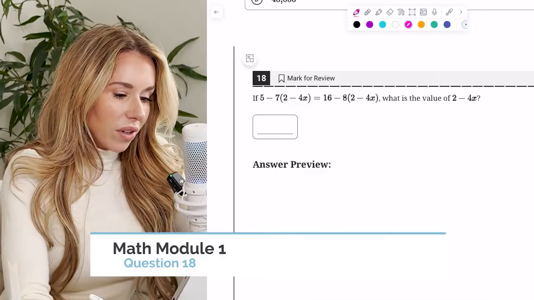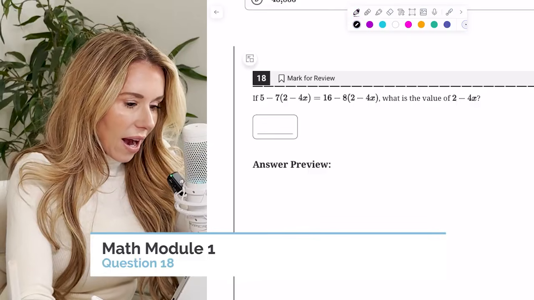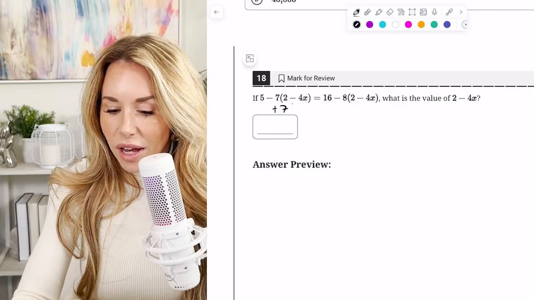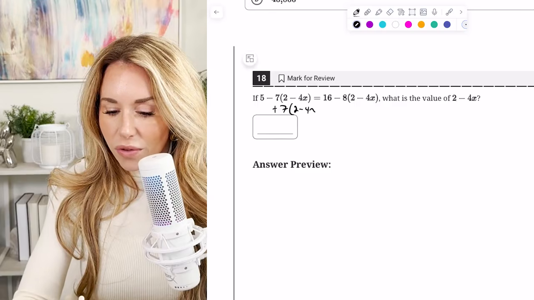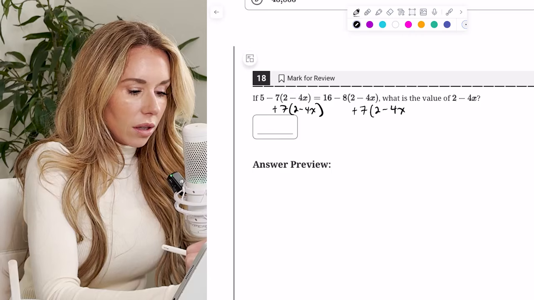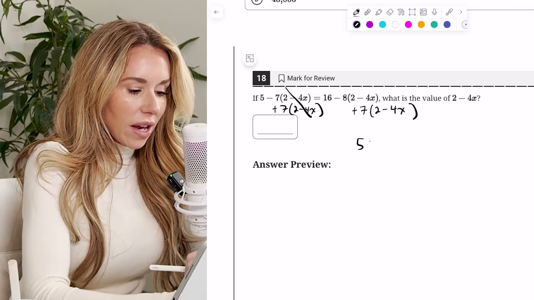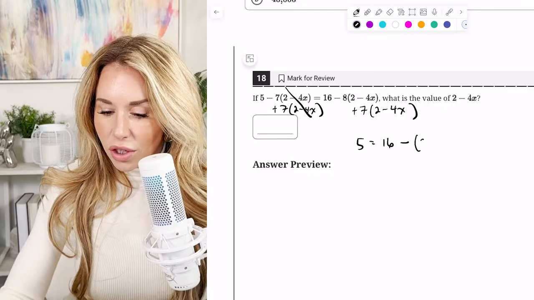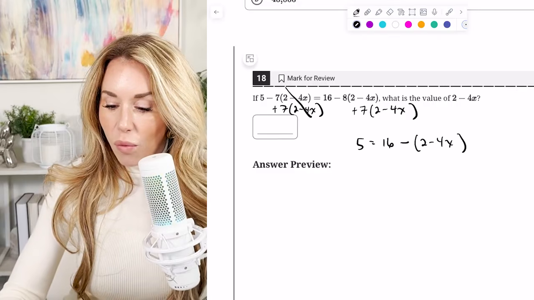All right, we have, what is the value of 2 minus 4x? Okay, what I'm going to do is I'm going to add 7 times 2 minus 4x to the other side to combine like terms. So now I have 5 equals 16 minus 2 minus 4x. I only have one of them.